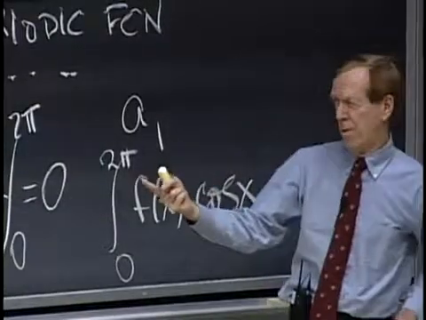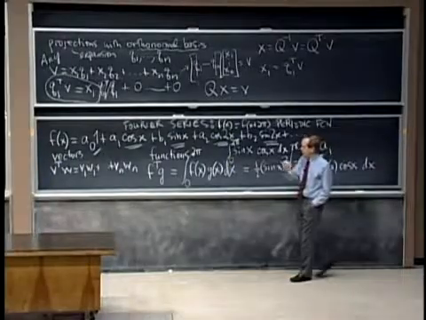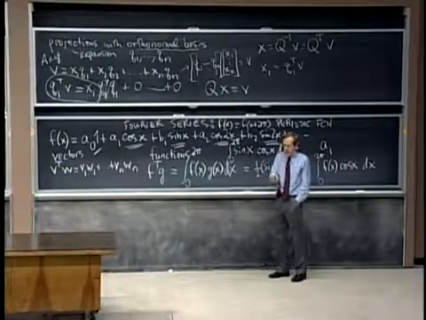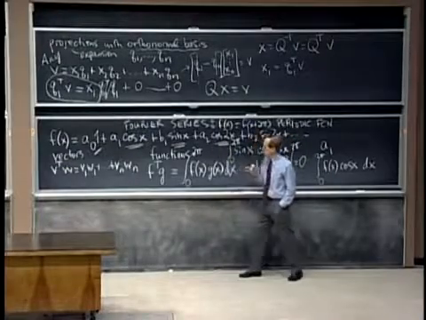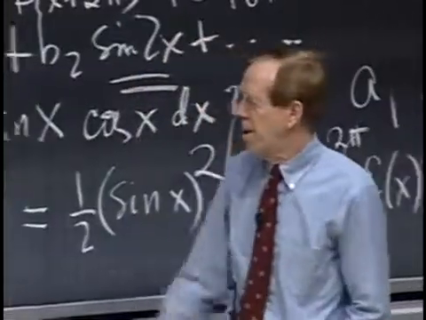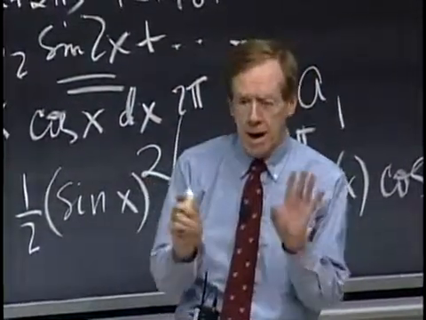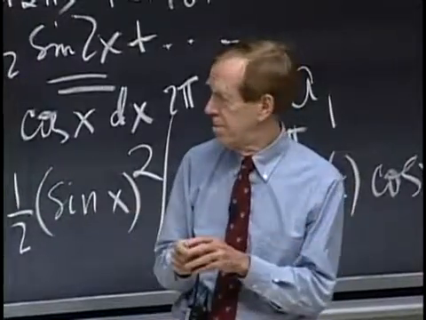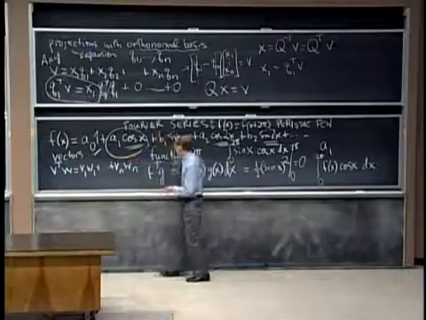And on the right, what do I have? When I say take the inner product with cos x, let me put it in ordinary calculus words. Multiply by cosine x and integrate. That's what inner products are. So if I multiply that whole thing by cos x and I integrate, I get a whole lot of zeros. The only thing that survives is that term.